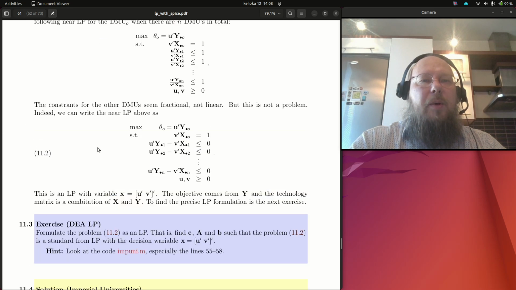That corresponds to this. So here we have first zeros, and then we have v, which will be the decision variables, times x bullet o, so the x Oth column.